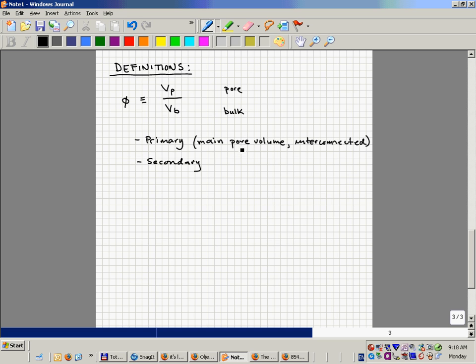Typically it's 95 to 99.95, and say up to 100% of the total porosity.